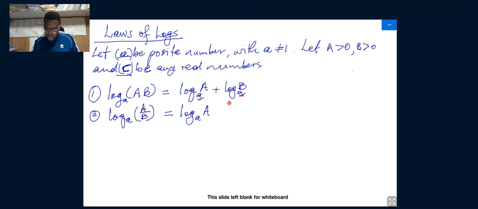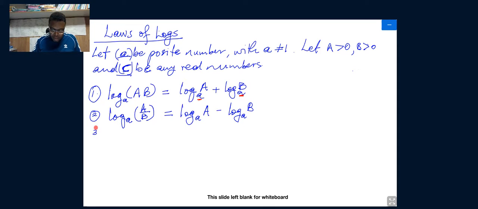You'll see here, division, and we are subtracting. On the exponents, we were dividing similar bases and would take the exponent of the numerator and subtract the exponent of the denominator. We're doing the same thing here.